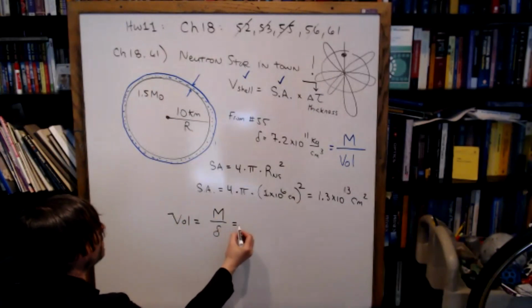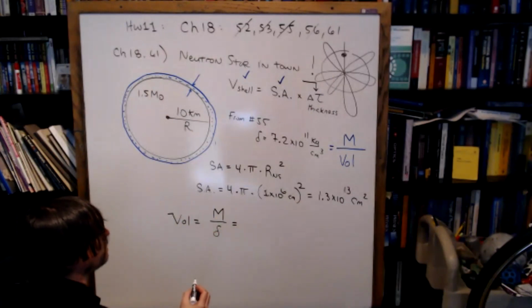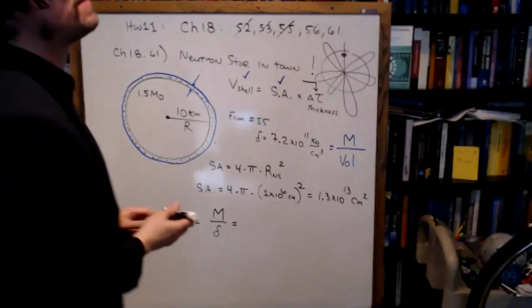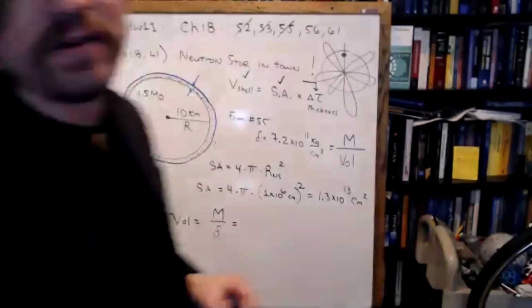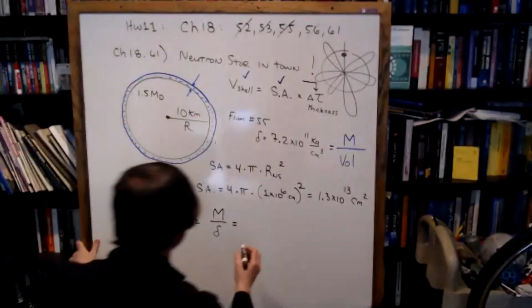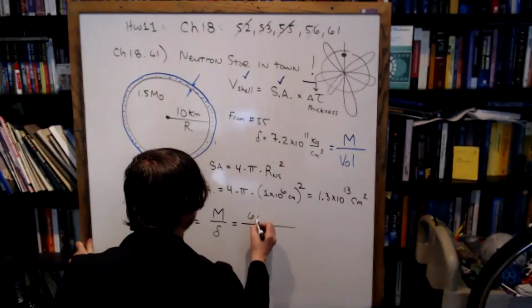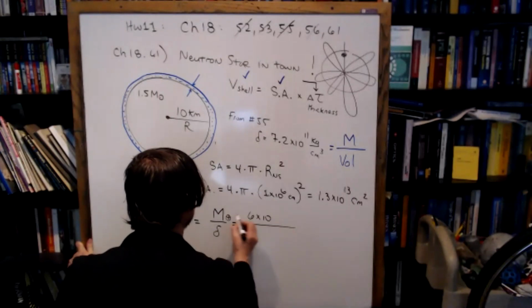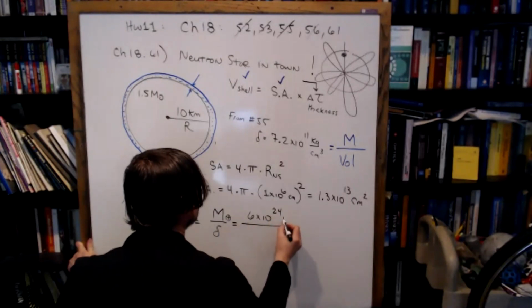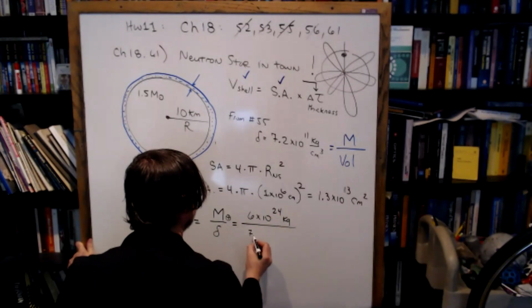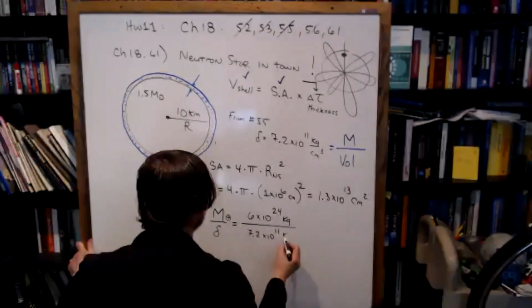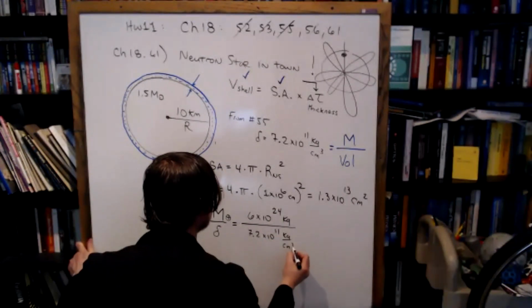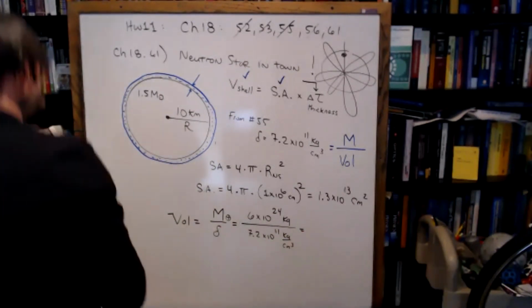But what mass? Mass equals 1.5 solar masses, that's the mass of the neutron star. We're talking about times the mass of Earth. You've got to use the mass of Earth this time: 6 times 10 to the 24 kilograms over 7.2 times 10 to the 11 kilograms per cubic centimeter.